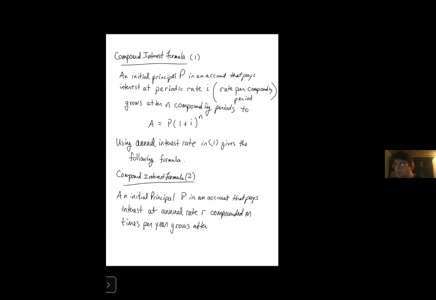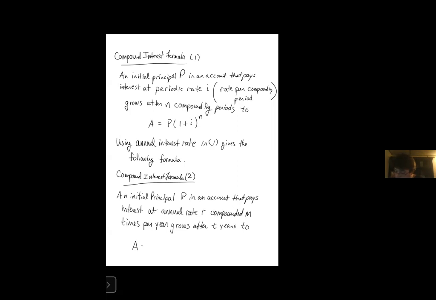In Formula 1, we've just spoken of general compounding periods, but here everything is in years. We have an annual rate compounded m, lowercase m, times per year. The time unit in the previous one was compounding periods. Here, our time unit will be years, so it grows after t years to what?